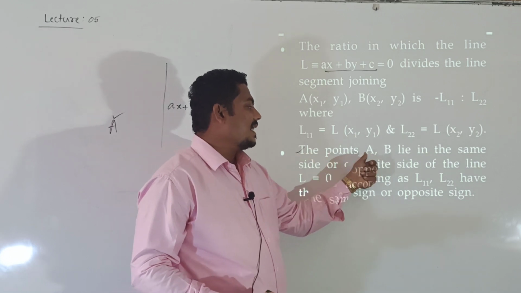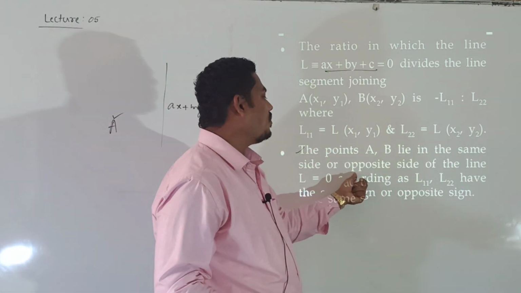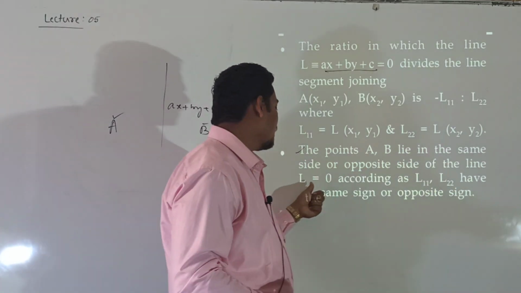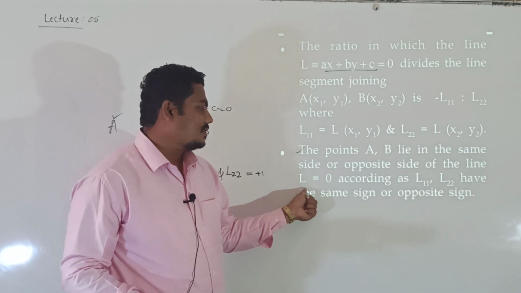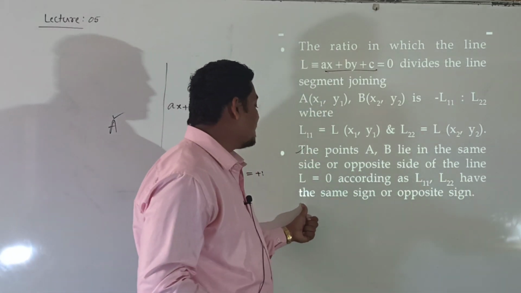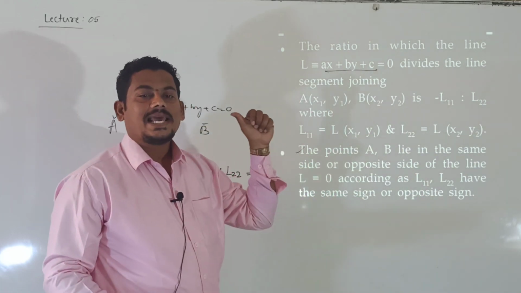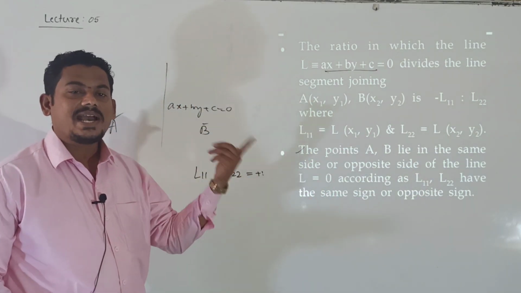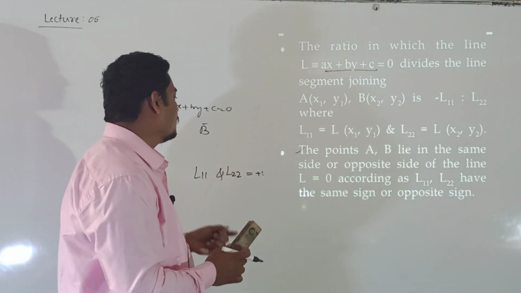The points A and B lie on the same side or opposite side of the line L equal to 0, where L is ax plus by plus c equal to 0, according to whether L11 and L22 have the same sign or opposite sign. If they have the same sign, they lie on the same side. If they have opposite signs, they lie on opposite sides.